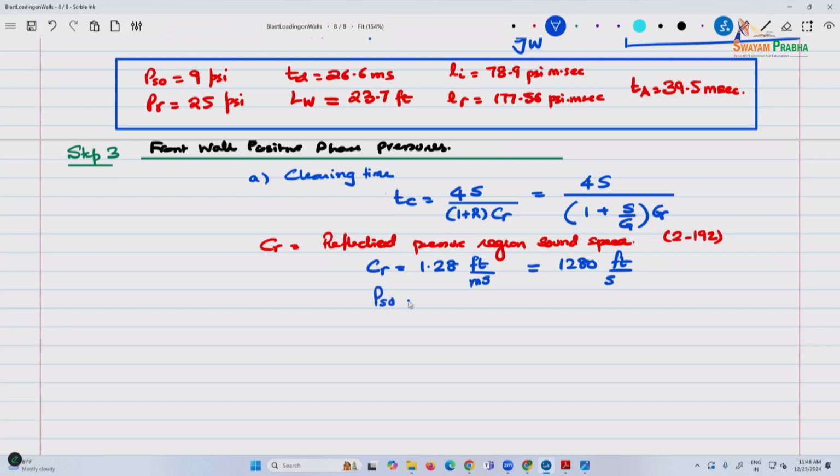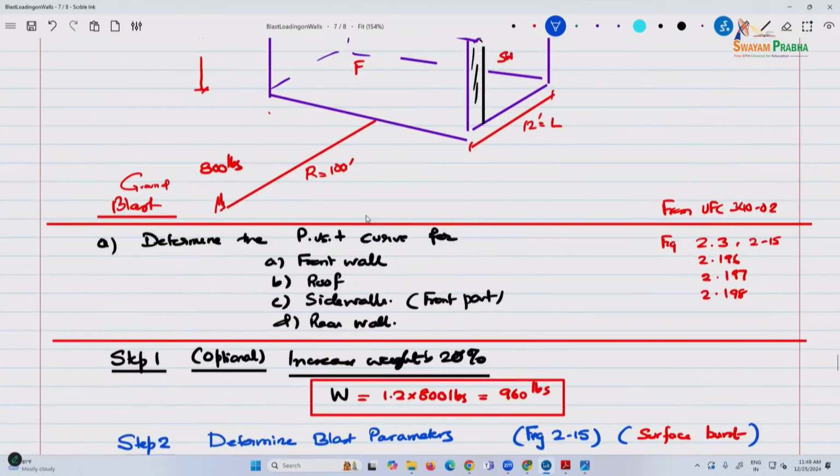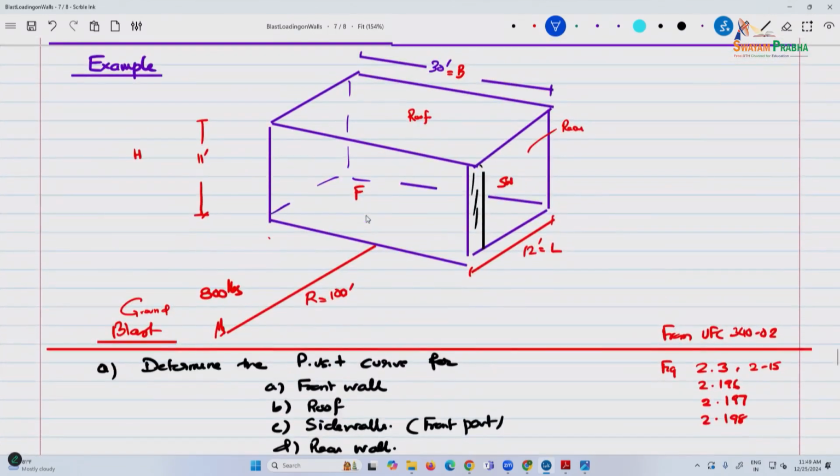So PSO was 9, and S is the lesser, minimum of W by 2 or H. So here, if you look at it, it is either 30 by 2 or 11. B is 30.